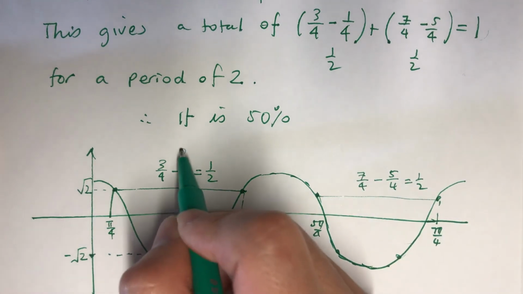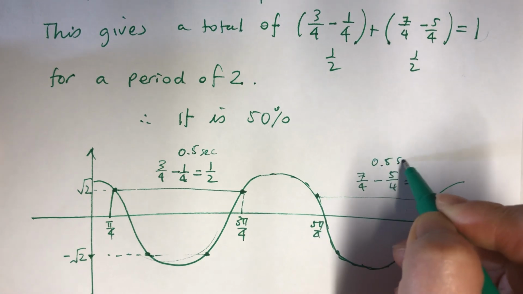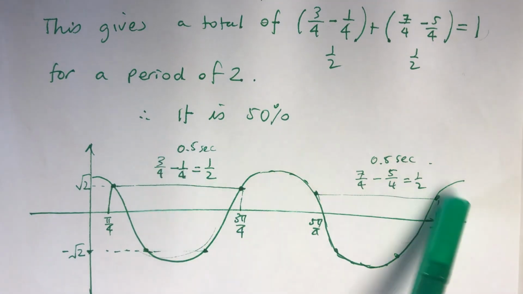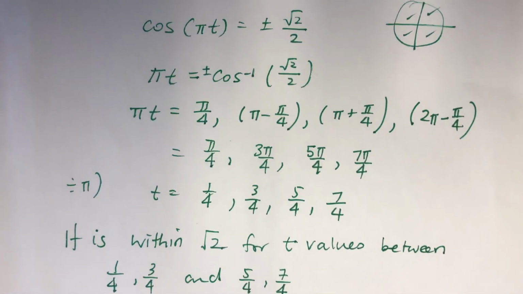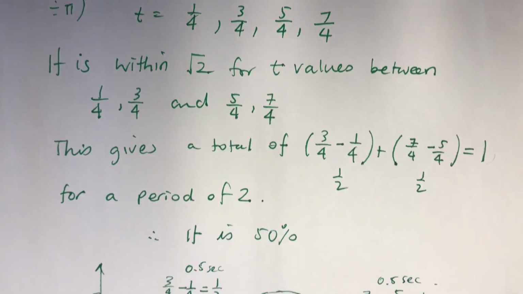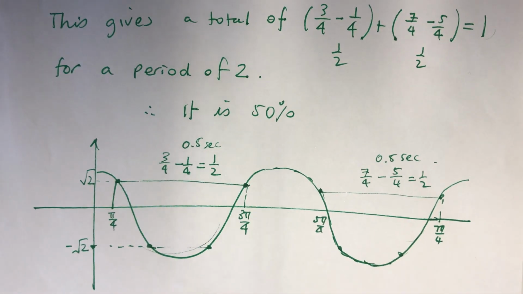So it's like 0.5 second, 0.5 second. And roughly it's 1 second out of 2 seconds. So therefore it's 50%. So read this carefully again, watch it and read the solutions again, and understand the diagram and see how you go. All right, well done.